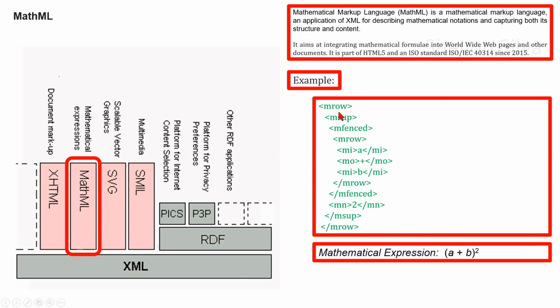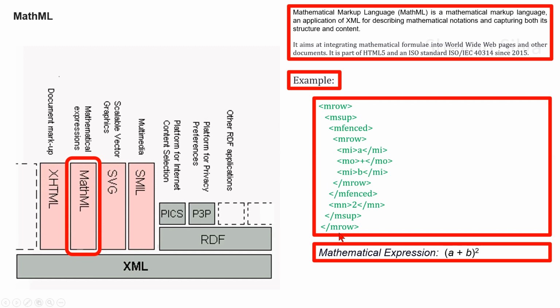This element is used to denote a row of horizontally aligned material. The material contained between the mrow and /mrow tag is considered to be an argument to the mrow element. Thus the whole expression here is contained in an mrow element.